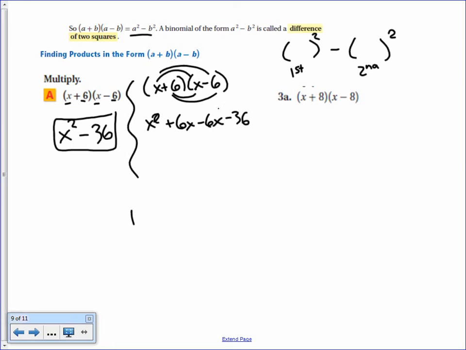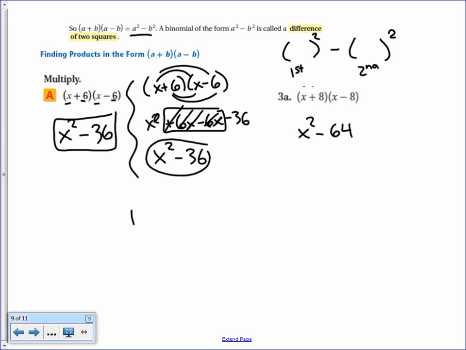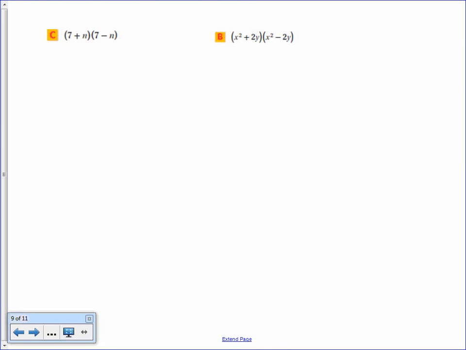What's always going to happen with these difference of perfect squares is that we're going to get 2 identical terms, one of them positive, one of them negative. So those are going to cross out always. And we're just going to be left with whatever the first one is squared and whatever the last one is squared. All right, so this only works for these kinds. So x plus 8 times x minus 8, square the first, so x squared, and square the second, so minus 64. There you go. Don't overthink it.